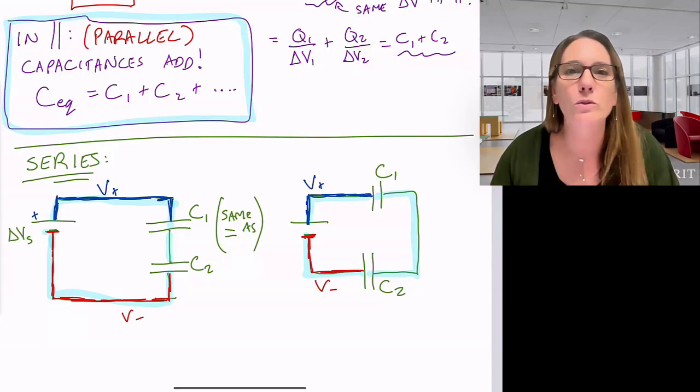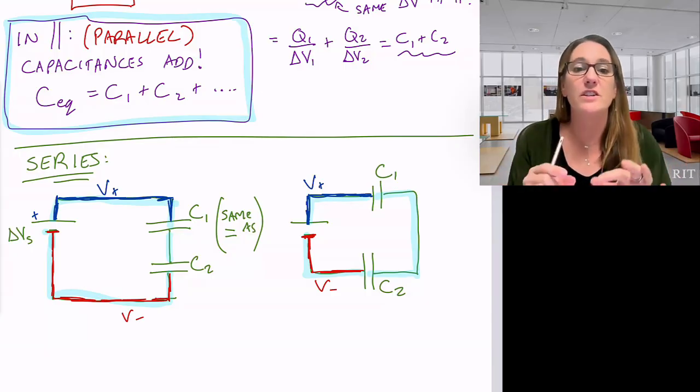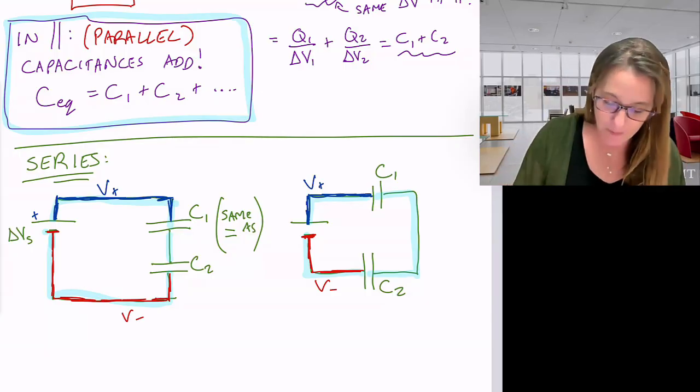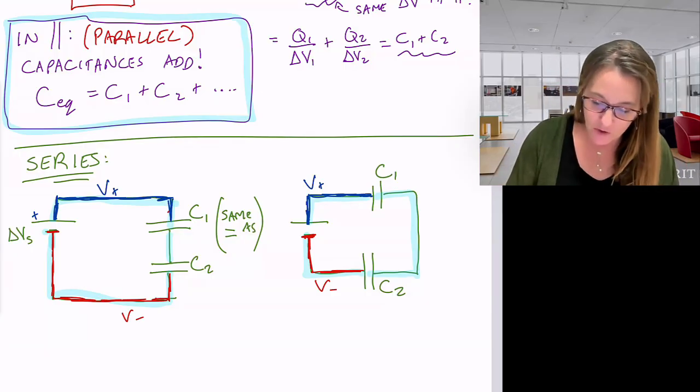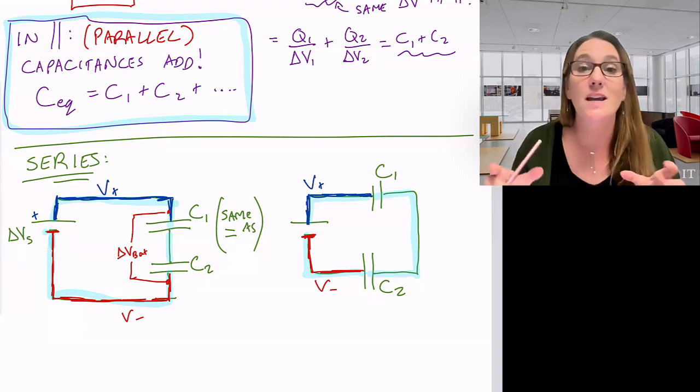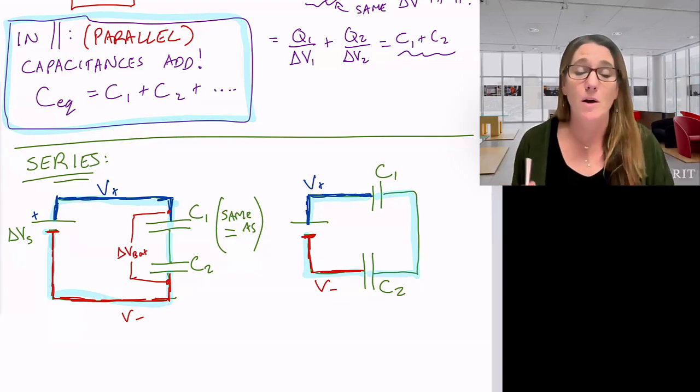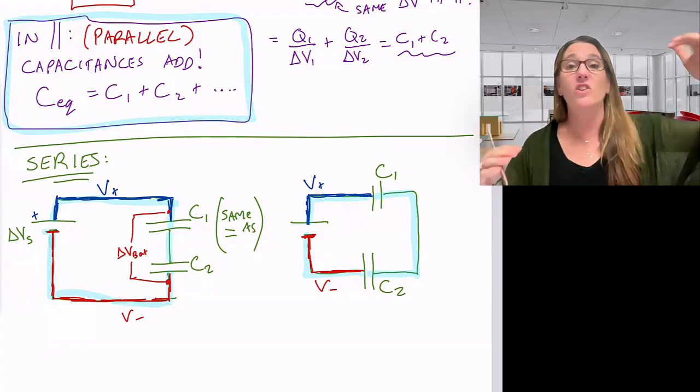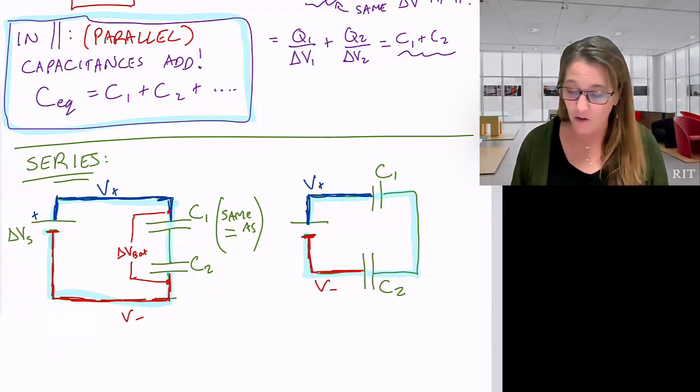So now that voltage drop isn't across each individual one. The voltage drop of the battery is across the total of the two of them. So that's the delta V of the battery. Each individual one doesn't get the total voltage drop from the battery. They don't get the full hill. They're both sharing the hill.